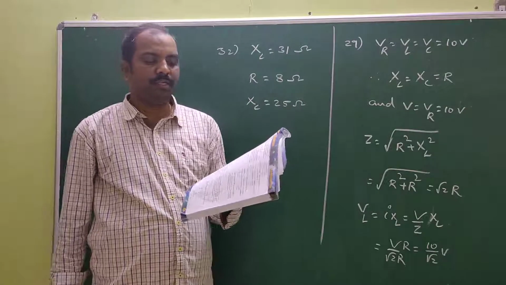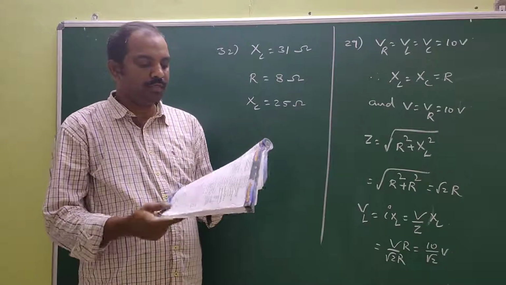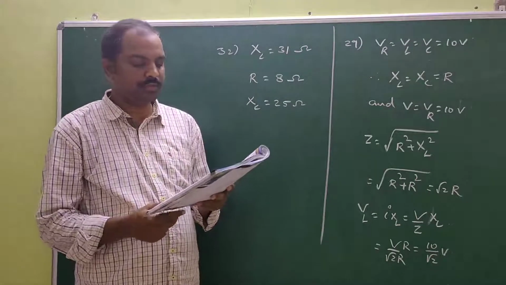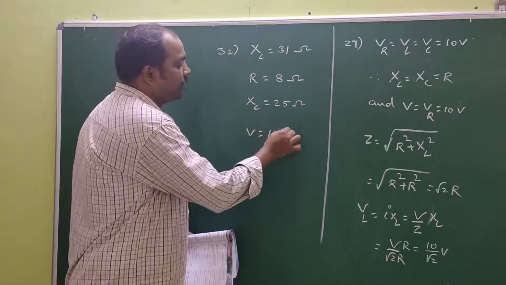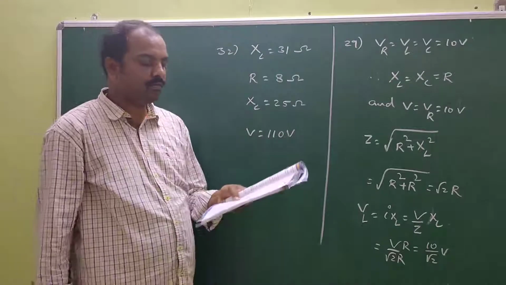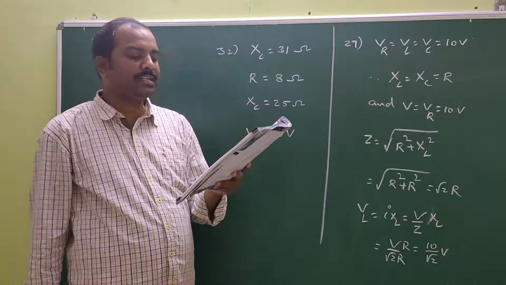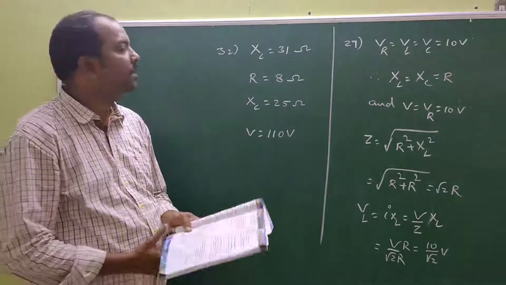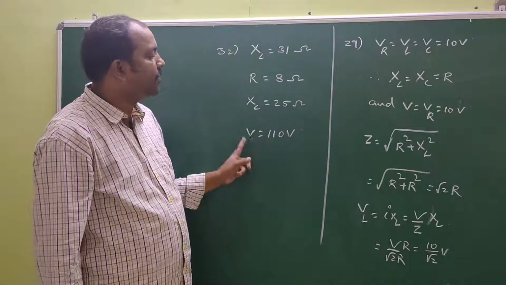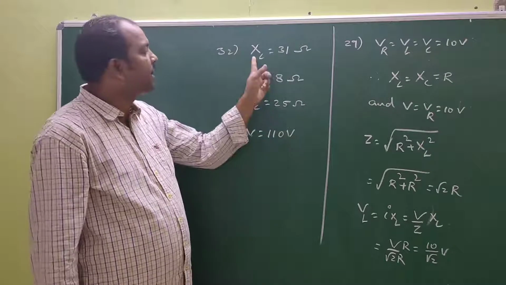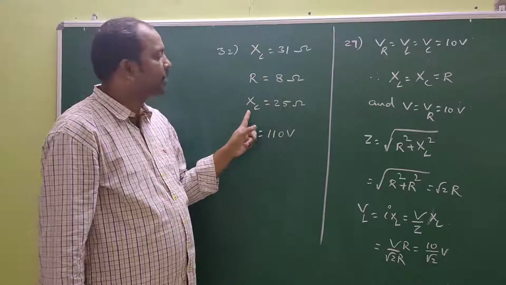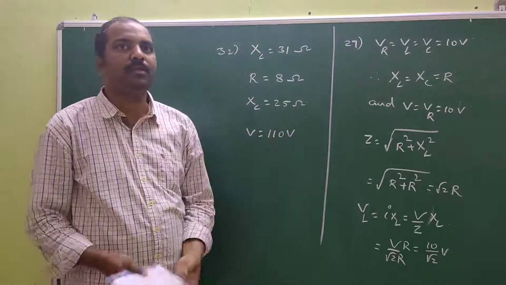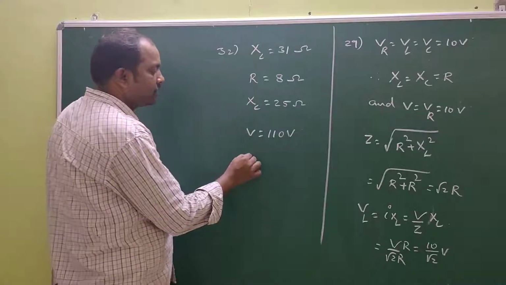This combination is connected to an AC source of 110 volt. The power factor of the circuit is, see, in an LCR series circuit, applied potential is 110 volt, inductive reactance 31 ohm, resistance is 8 ohm, capacitive reactance is 25 ohm. What is the power factor?